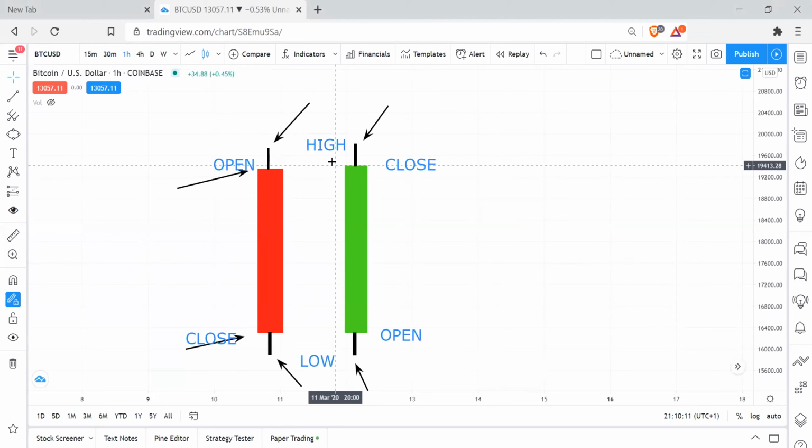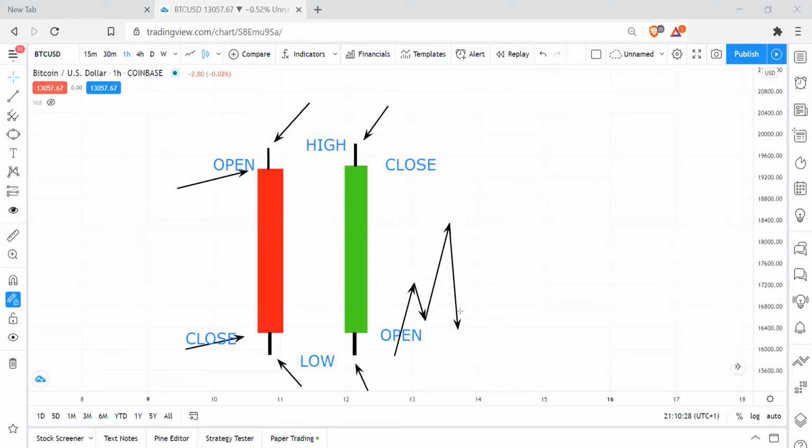So this is the anatomy of a candlestick. And from what we did at the very last point, we saw that price could actually go, if we're doing the buy side anatomy now, it could go like this, come down, go up, come down. As long as it's still within a time frame that accommodates this entire candlestick, it could do anything at all.